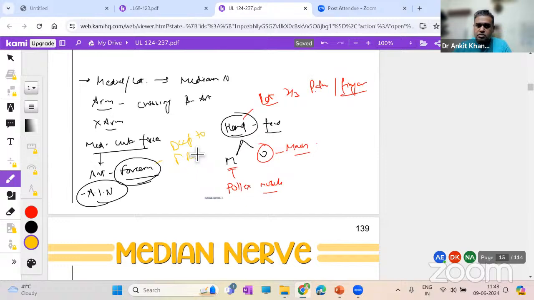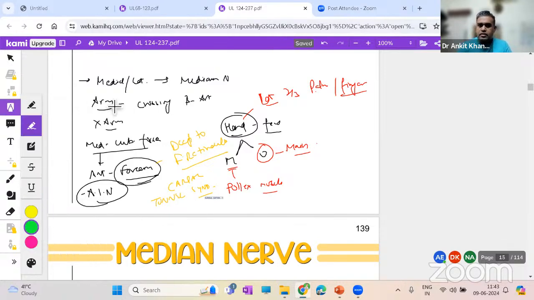Why is this important? I'm sure you must know. Because here this nerve can be compressed because it is deep, and that gives rise to carpal tunnel syndrome. So whenever there's a term known as median nerve, carpal tunnel syndrome should ring in your mind. Now, let's come to the discussion in these notes over here.